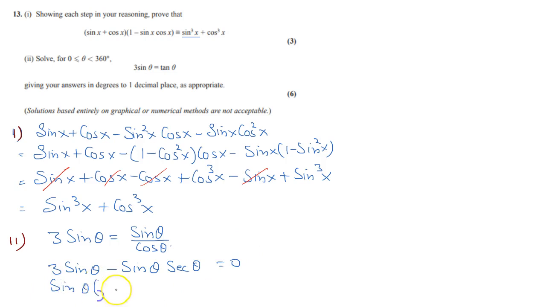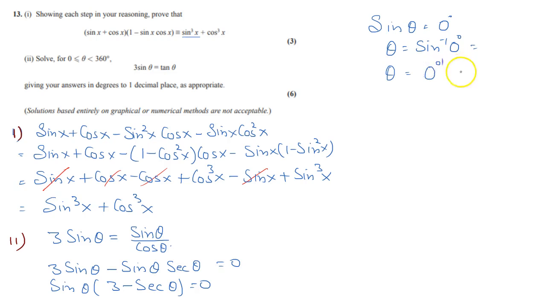Sine theta common, 3 minus sec theta is equal to 0. So now we have sine theta is equal to 0. So theta is equal to arc sine or sine inverse 0. So we know that theta is 0 degree and 180 degree.